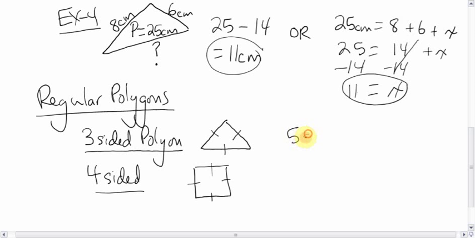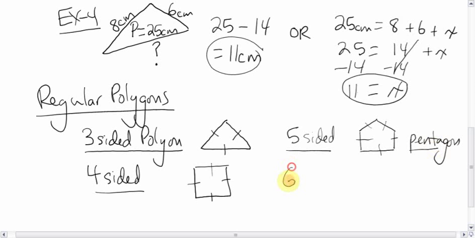5-sided would be like this, like the school sign. That's a pentagon. Penta means 5. 6-sided would look like this. And again, little dashed lines to show that they're all equal.